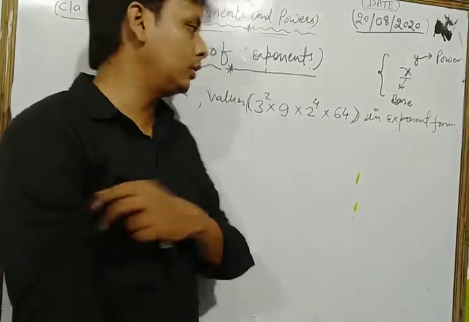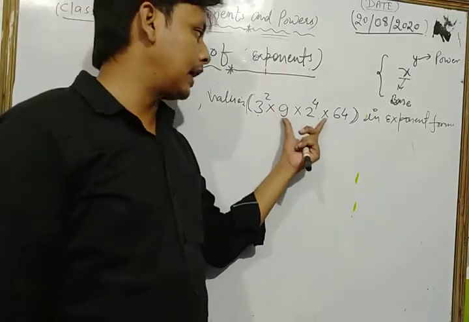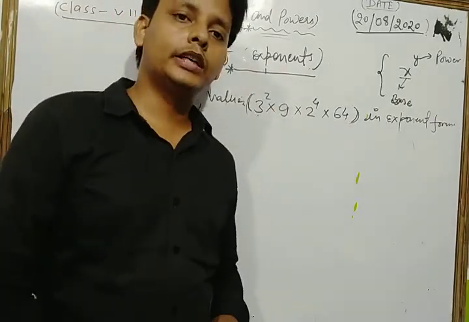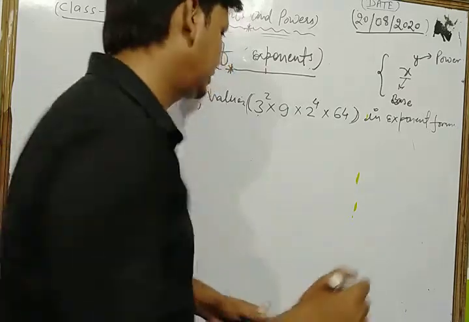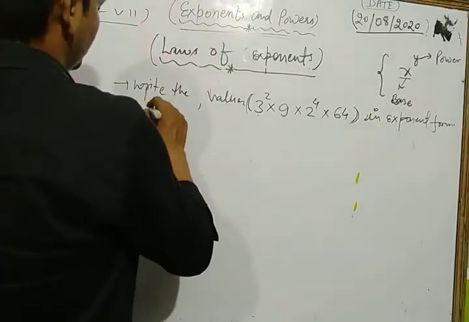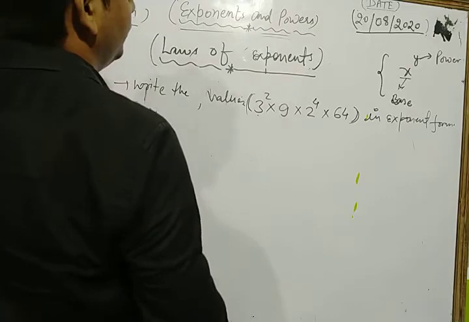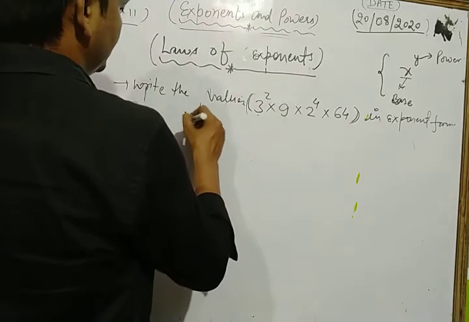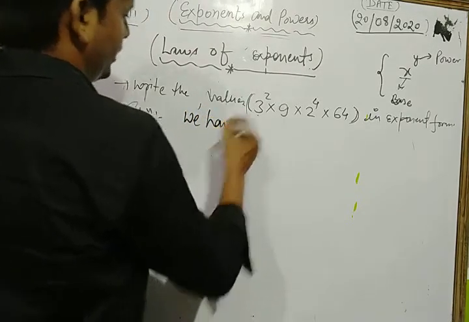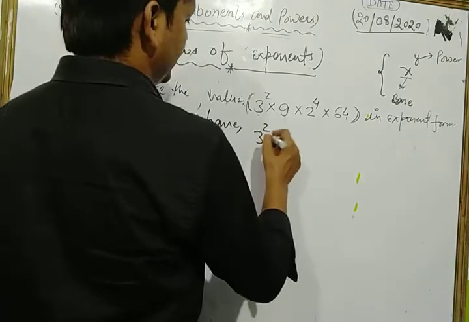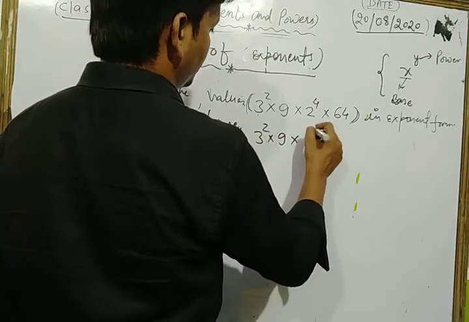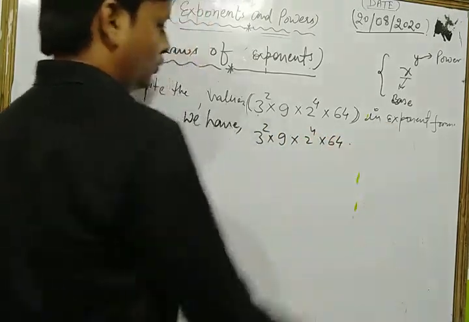Dear student, first of all we do prime factorization of each factor. Let's see its solution. First of all we write the question. We have 3 square into 9 into 2 to the power 4 into 64.